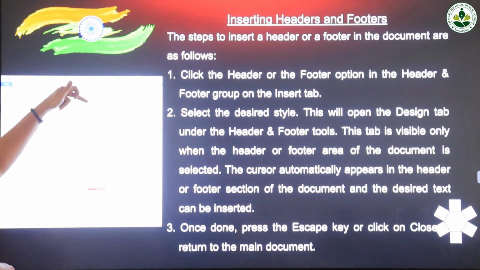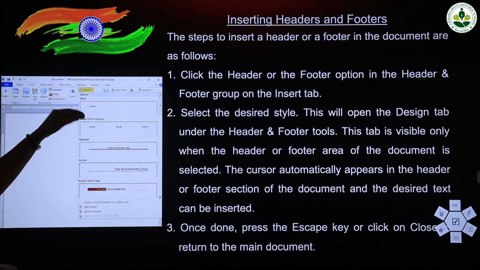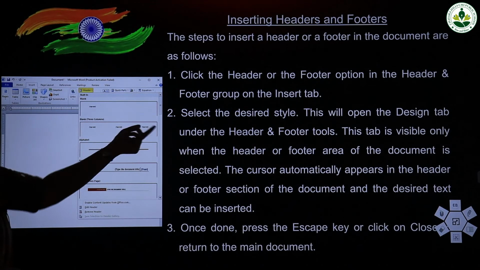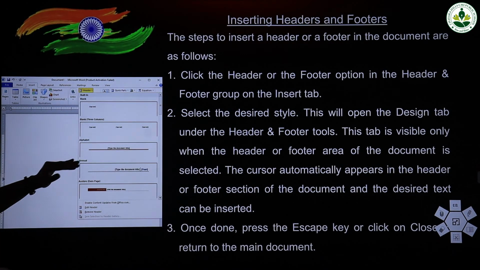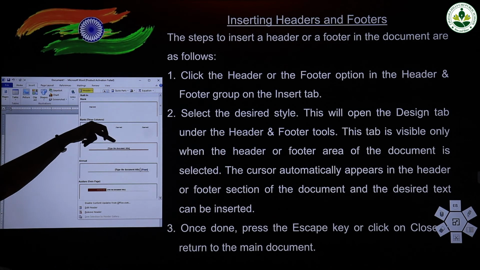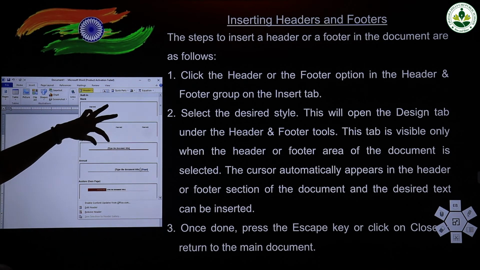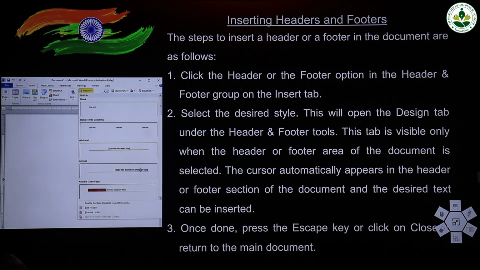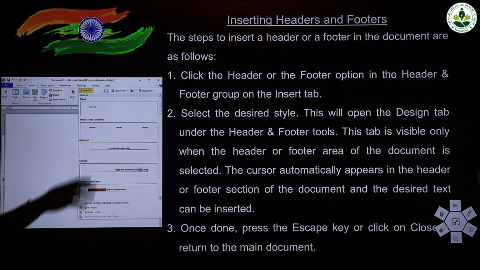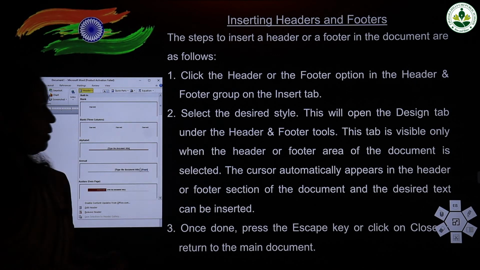Here at the top you can type the text. The second one, 3 texts you can type: left side, middle and right side. Or the third one, at the top center you can type the document name. You have many options. So from this you can select any one of these. Then select the desired style.